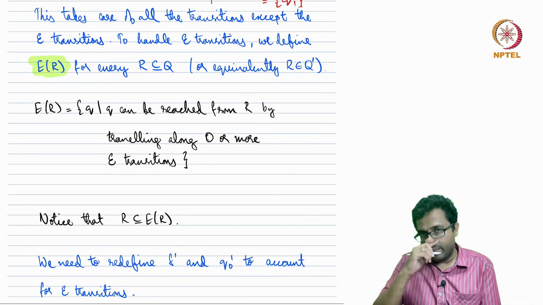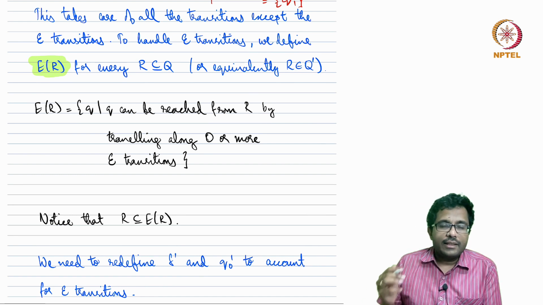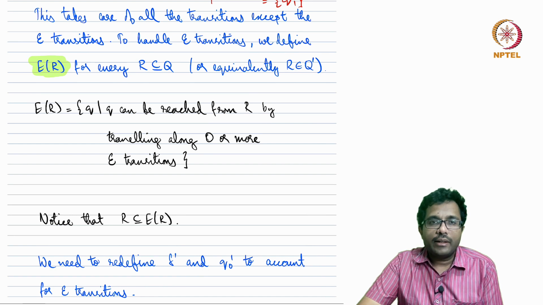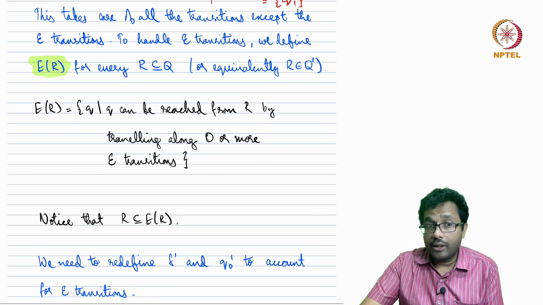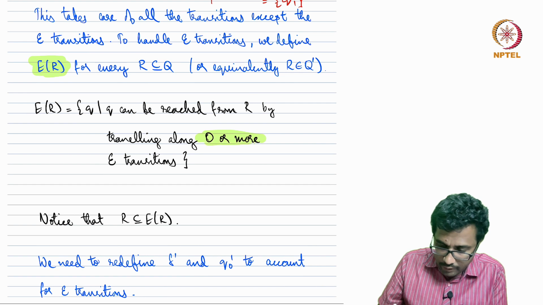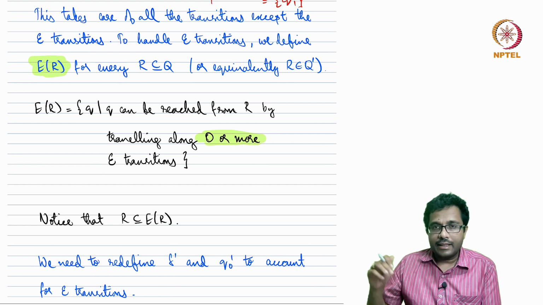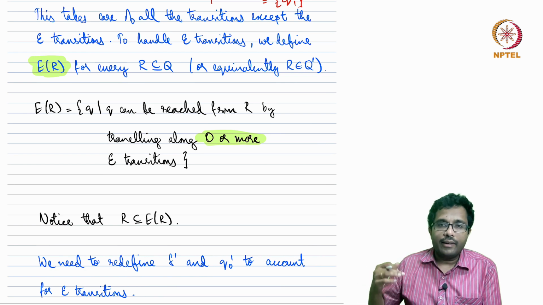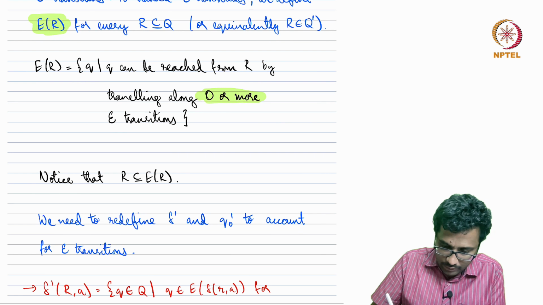If you ask me to name it, I will call it the epsilon closure of R, because this is the set of all the states that you can reach from R by using zero or more epsilon transitions. I am allowed to use zero epsilon transitions, which means the states that are in R are included by default.